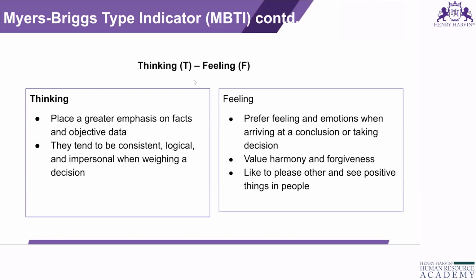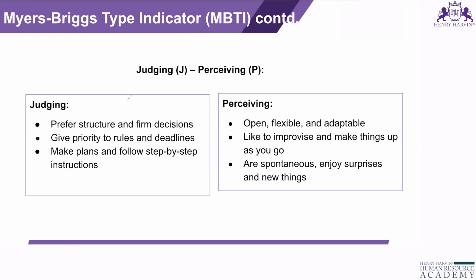And then comes the fourth one: judging, represented by J, and perceiving, represented by P. Judging people prefer structure and firm decisions, give priority to rules and deadlines, make plans and follow up, and follow step-by-step instructions.